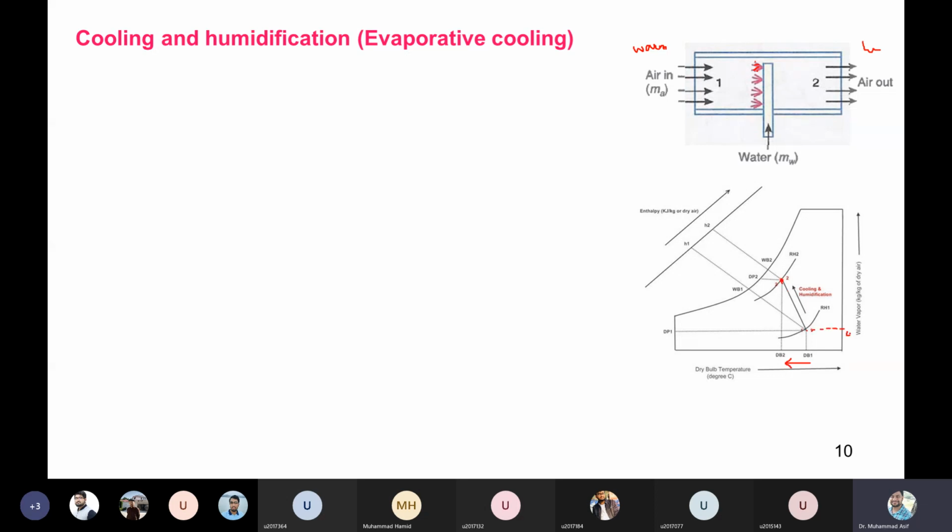Let's say this is omega 1 or W1, this is omega 2. So how can you figure out the mass of the water vapor added? The mass of the water vapor that you have sprayed into the incoming air is the difference of the humidity ratios, which is equal to omega 2 minus omega 1 into the mass of the dry air, right?